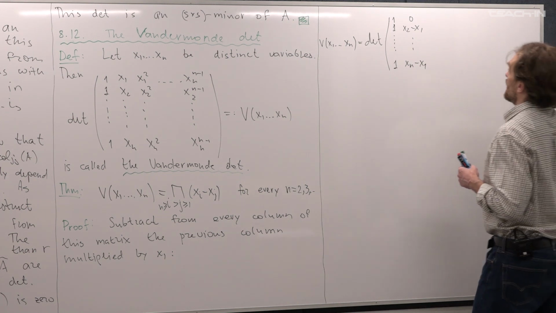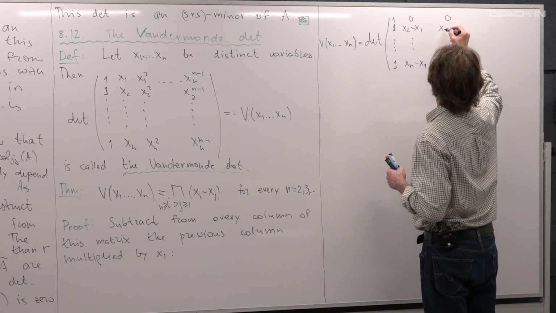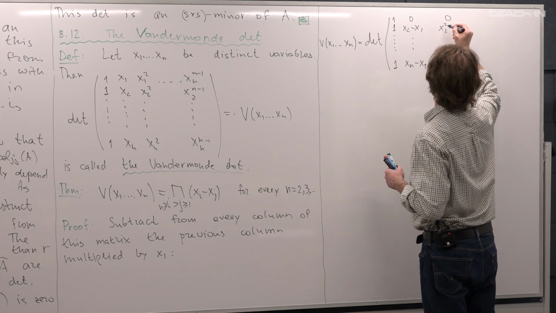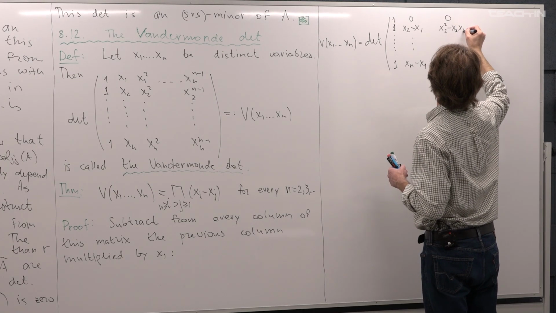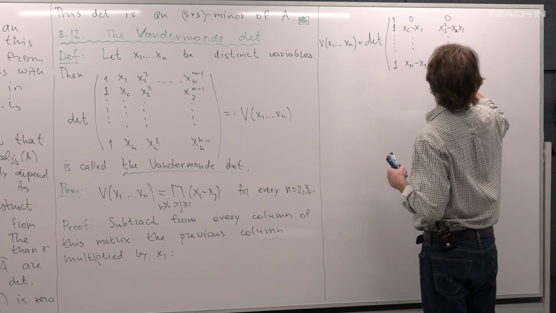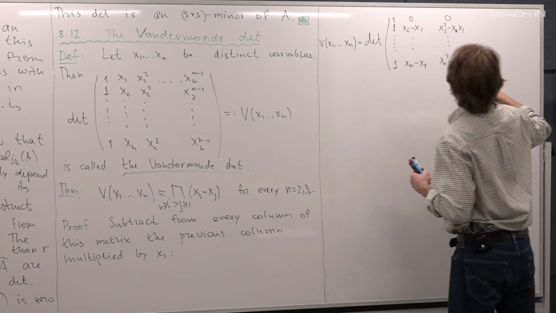Then in the third column I'm going to have 0, then x2 squared minus x2 by x1, etc., xn squared minus xn by x1, and so on.